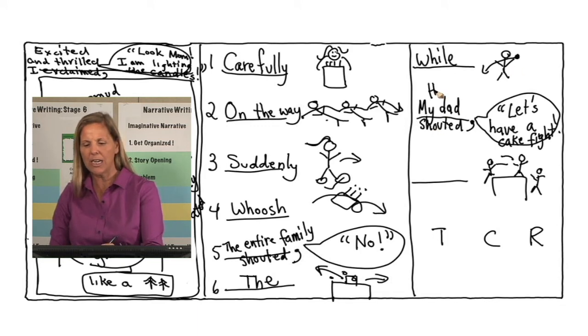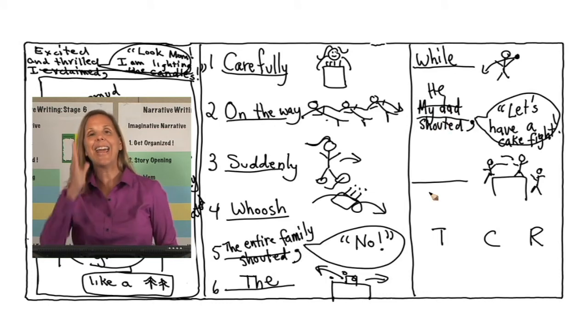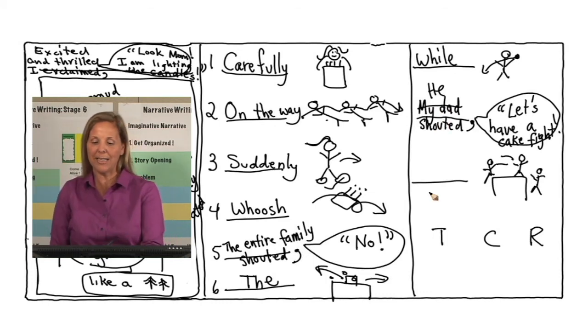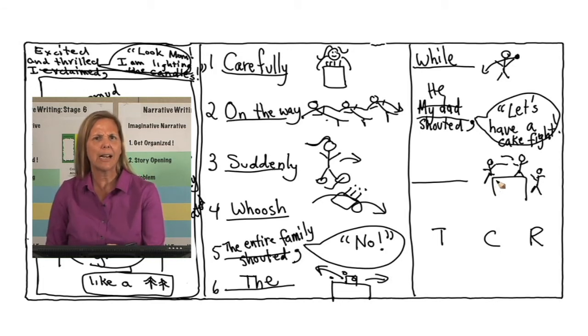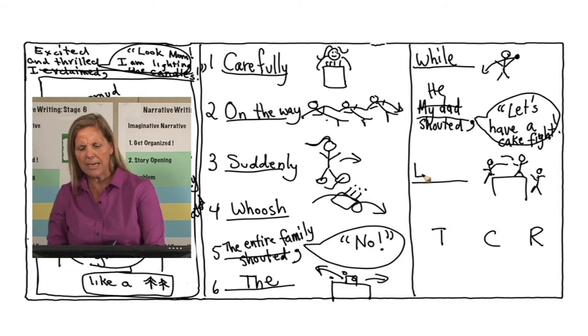I'm going to write the word he, just to remind myself. He shouted, "Let's have a cake fight," my dad shouted. Go to the next picture. My family. Let's not say family because we keep saying that over and over again. Let's just use the word everybody. Everybody, action. What were they doing here? Everyone started throwing cake. So let's begin our sentence here with everybody.